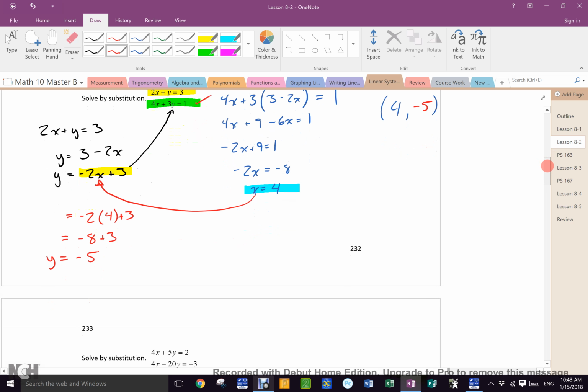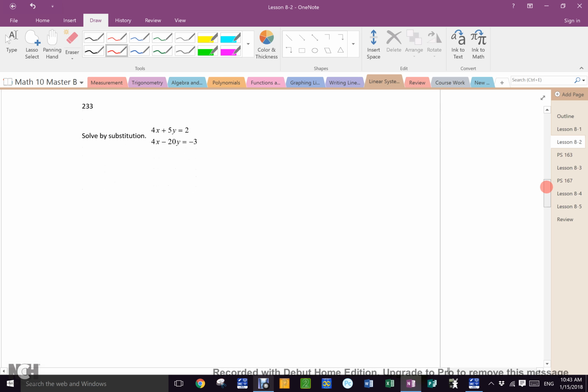Okay. Turn the page over. What's weird about this one? None of the variables are by themselves, are they? But what do you notice about that? They're the same. Aren't they?